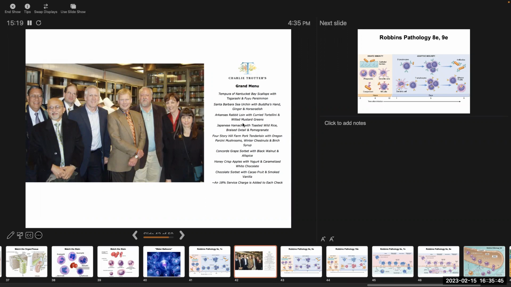I don't even know what that is. Arkansas rabbit loin and all this stuff. And if that wasn't bad enough, the publisher said, hey, let's get the wines that accompany each course. So for each course, they would bring over like 2 bottles of wine and you'd get a different wine with every course. So the bill for dinner was like $2,500 for 8 of us. So that's why your textbooks are so expensive. But it was a lot of fun.